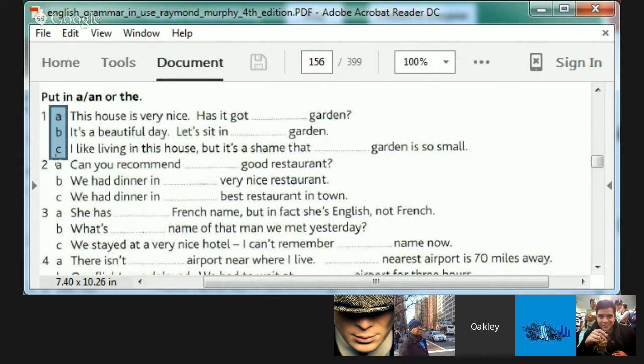Has it got a garden? Yep. A general rule you can keep in mind: if you're asking a question, then you don't know. That's not true. You can ask a question with the. But if you ask a general question, then it's going to be a. Have you got a dog?